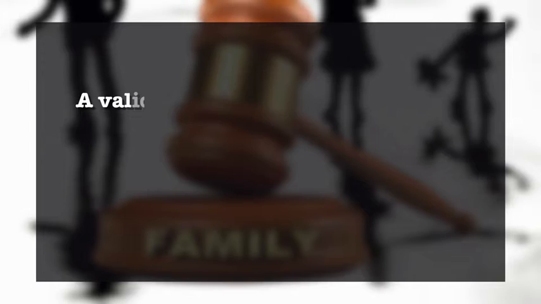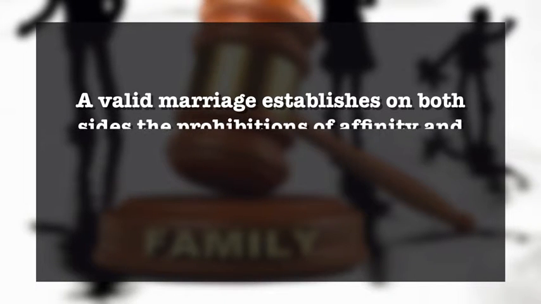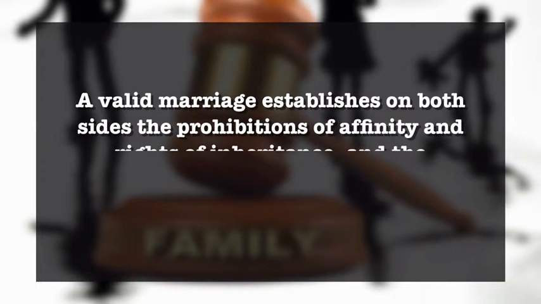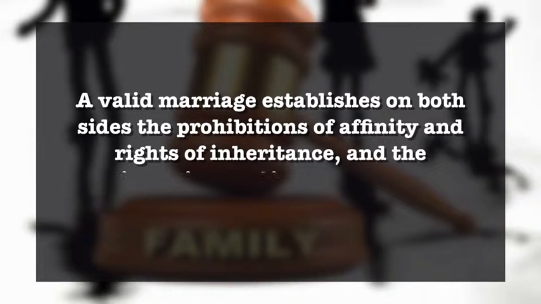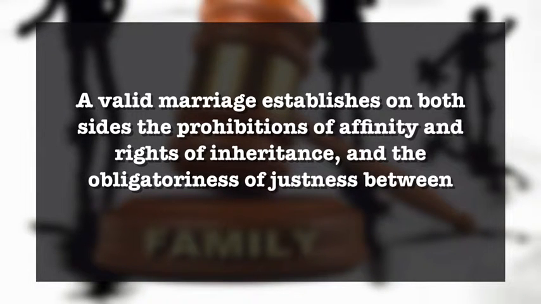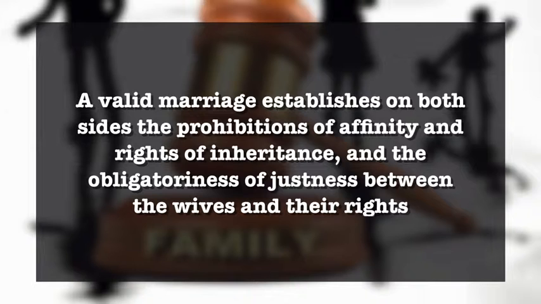It renders her dower and maintenance obligatory on the husband. A valid marriage establishes on both sides the prohibitions of affinity and rights of inheritance and the obligatoriness of justness between the wives and their rights.